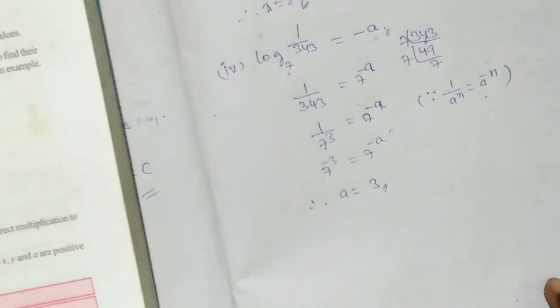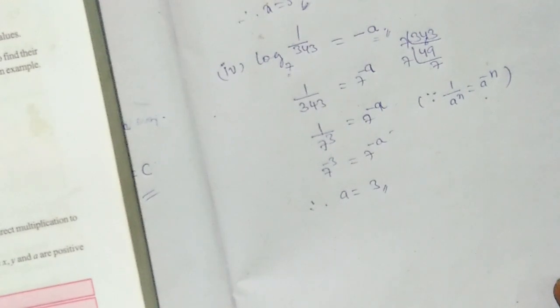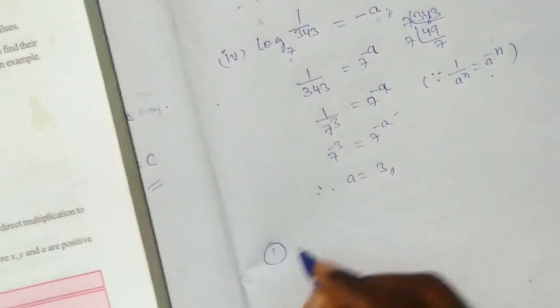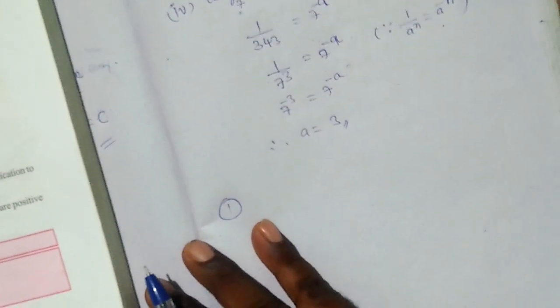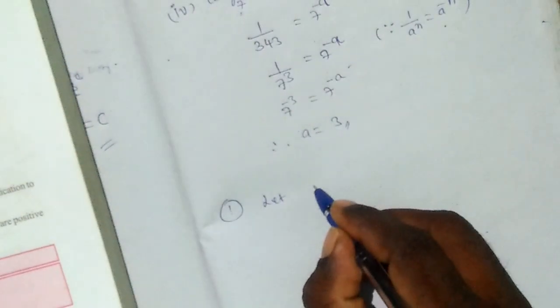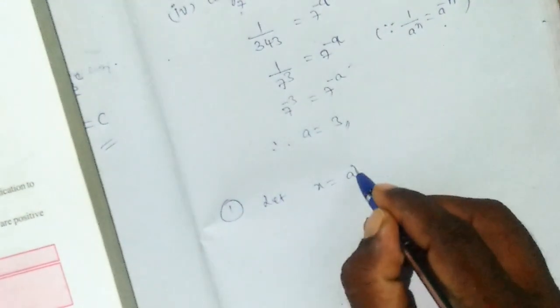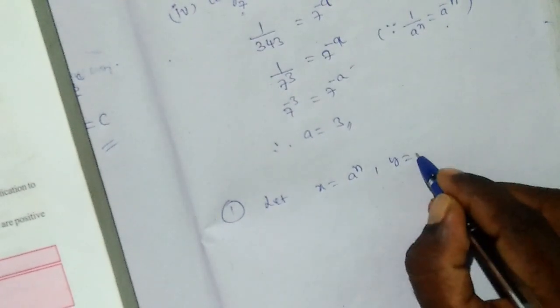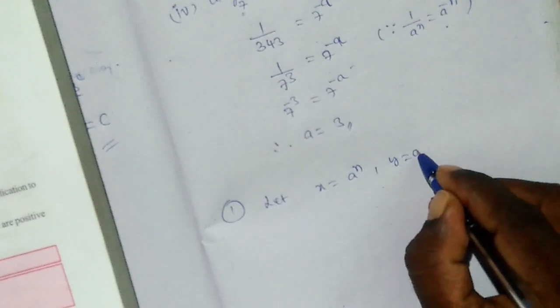Now I am going to prove some properties of logarithms, which we are using as formulas. So the first property, the first formula, I am going to prove. Let x is equal to a to the power of n and y is equal to a to the power of m.